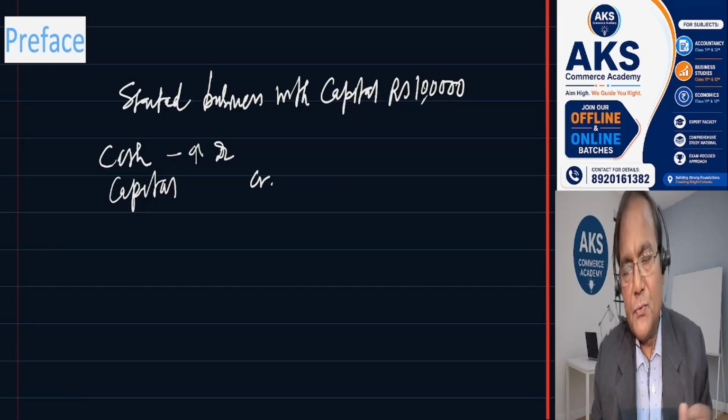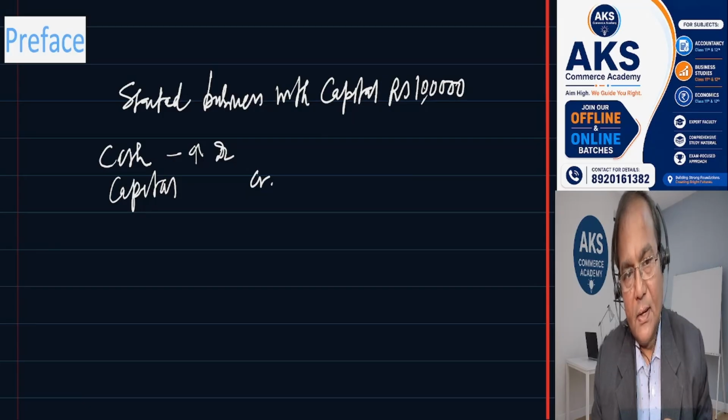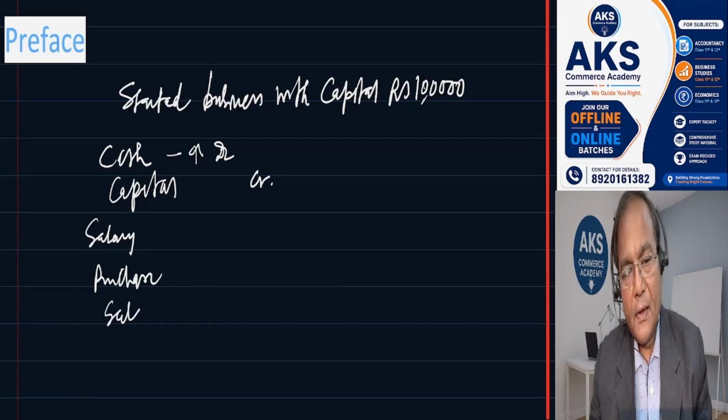Now, there are so many transactions likely to happen after the cash is brought into the business. Maybe salary paid in cash, purchases in cash, sales in cash, rent in cash, a number of them.